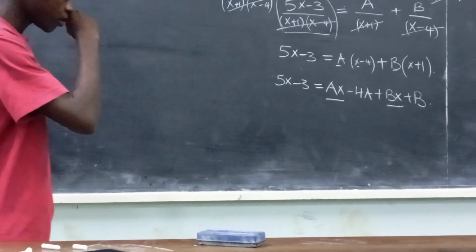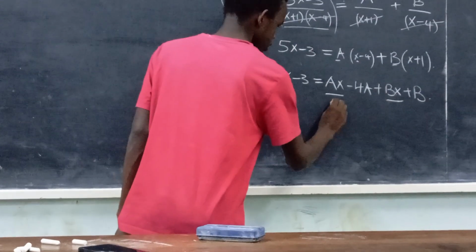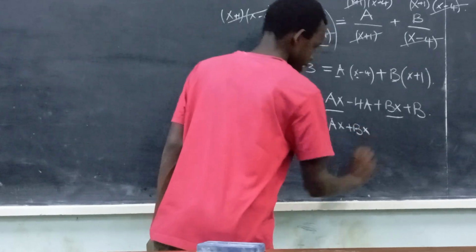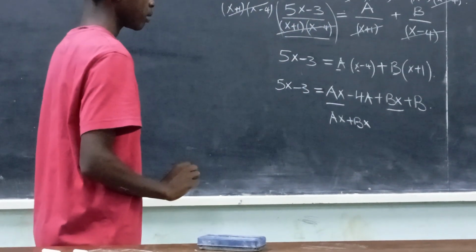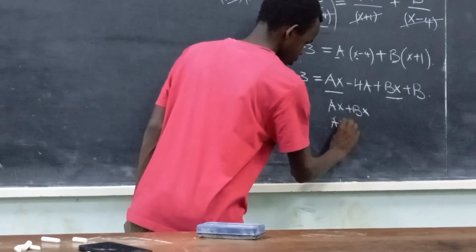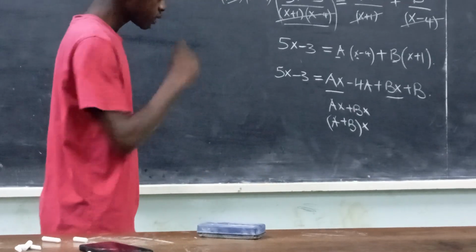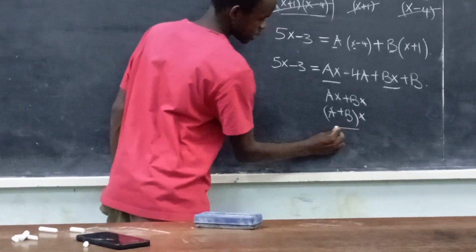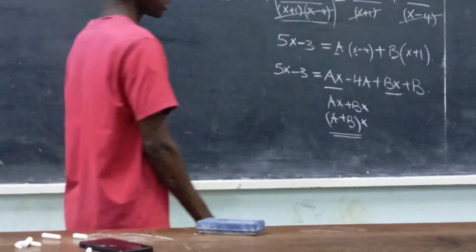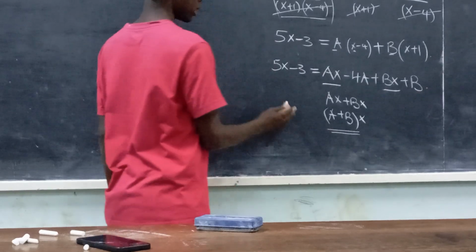So for example, I'll say my ax plus bx, and put them aside, then I will factor out my x, so I'll get my a plus b into x. So as you can see, this part is the coefficient of x, right? A plus b is a coefficient of x. So you will compare your answer with these other parts.